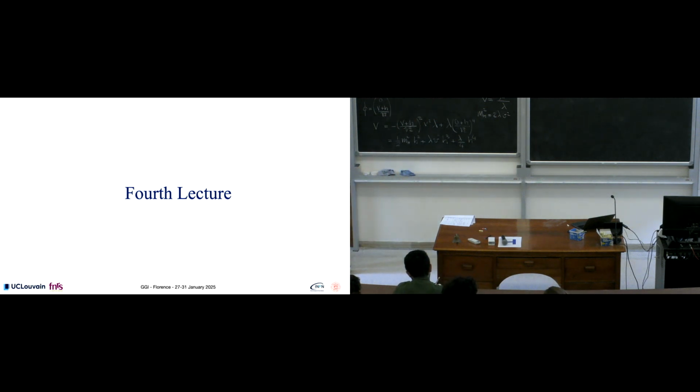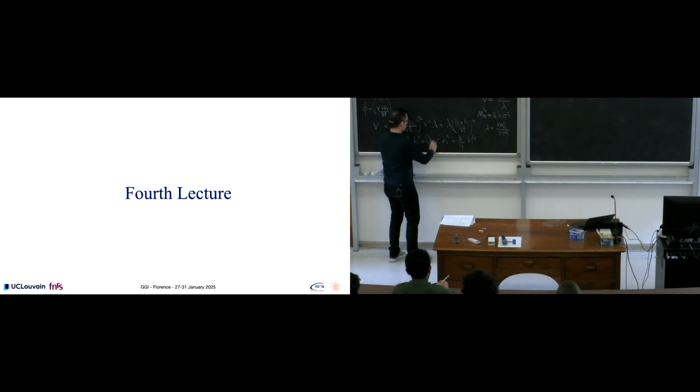I don't impose it. So now this means that you can rewrite lambda as mX squared over 2v squared from there, right? And now you express everything in terms of what you know from experiment, mass of X and vacuum expectation value. So you put it back here, and everything is expressed now in terms of the mass of the Higgs and the vacuum expectation value, right? You eliminate lambda, okay?